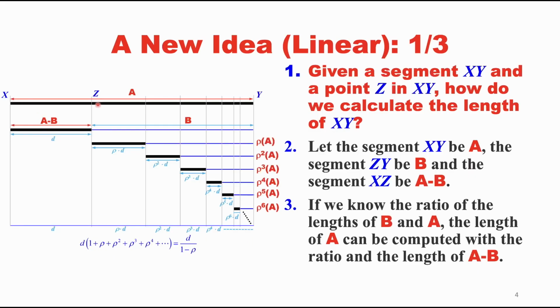Given a line segment AB and a point Z there, how do we calculate the length of XY?